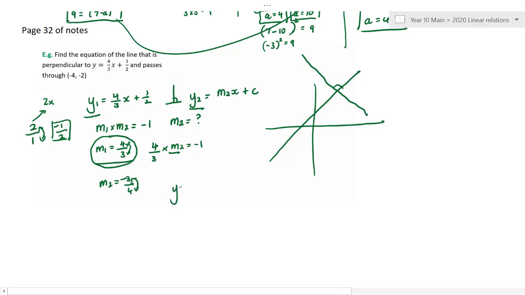So what we have here is y is equal to minus 4/3 x, and you guessed it, plus c. We've got a point, so let's substitute that point in. When x is equal to minus 4, y is equal to minus 2. So we've got this times by negative 4, plus c. What happens to the 4s? They cancel. And then I've got to add 3 to both sides.